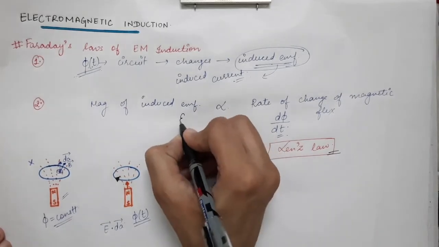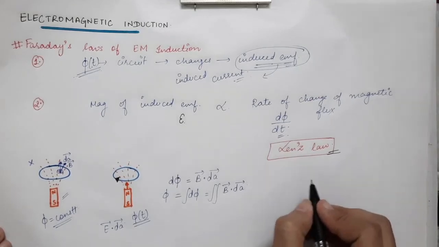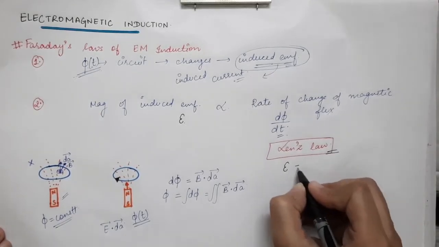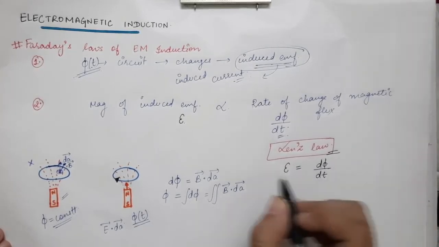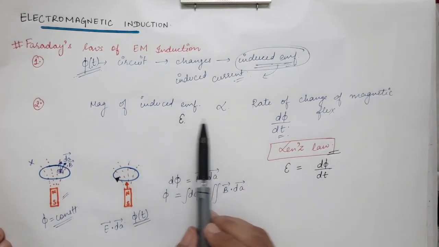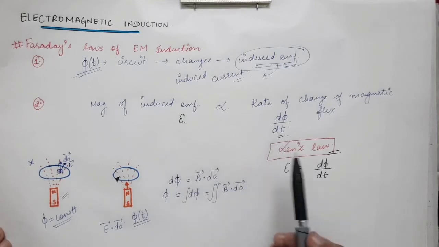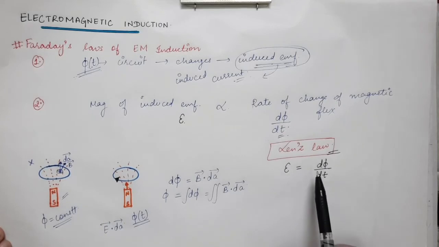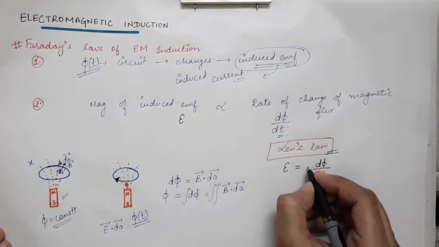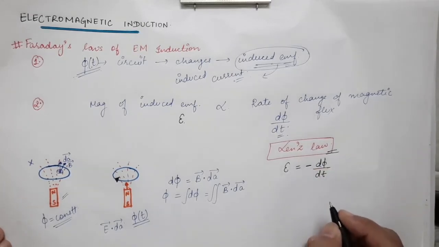So the induced EMF, which is represented by E, will be written as d phi by dt as it is, because according to Faraday's law induced EMF is proportional to d phi by dt. Now Lenz's law states that this induced EMF is directed in such a direction that it opposes the change in magnetic flux. So this induced EMF will be equal to negative of d phi by dt.